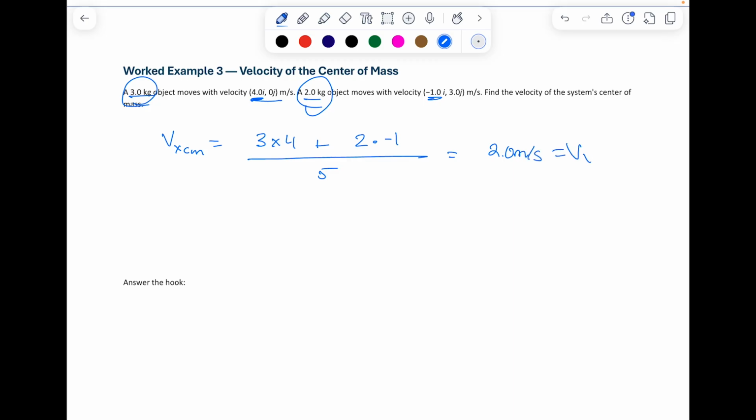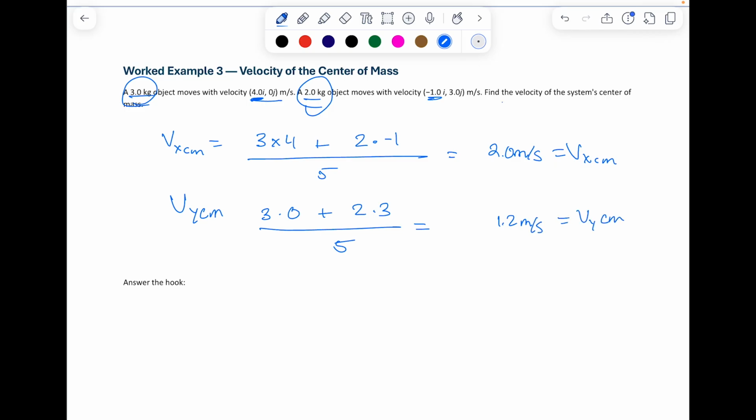That's VXCM. VYCM follows the same protocol: 3 times 0 plus 2 times 3 over 5, and that comes out to 1.2 meters per second, and that is VY center of mass.